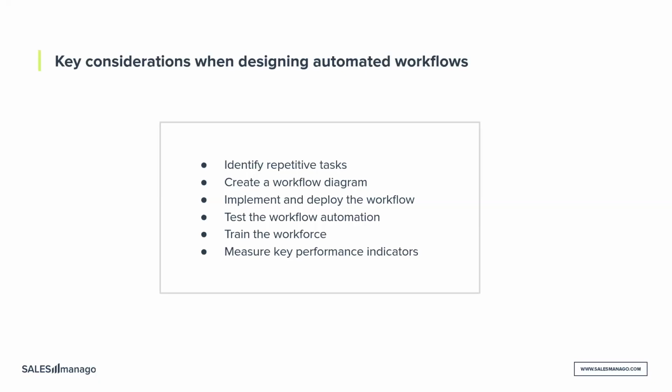Build this workflow, implement it, deploy it, test it, train your people to do that, and to repeat, to copy the success of this specific workflow at scale. Measure it, track key performance indicators, KPIs, and see if it works. If not, optimize. If it works, copy it and implement it in different areas.